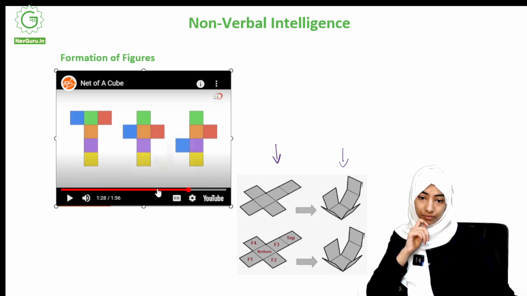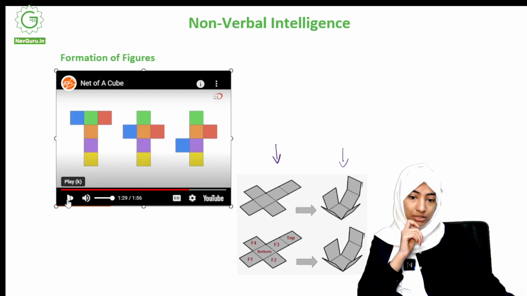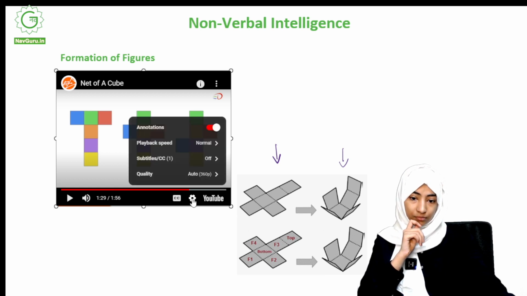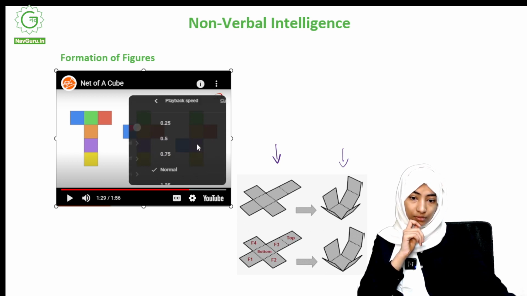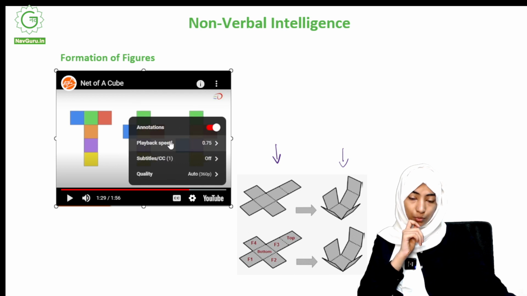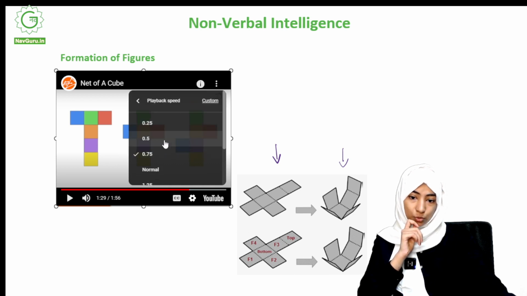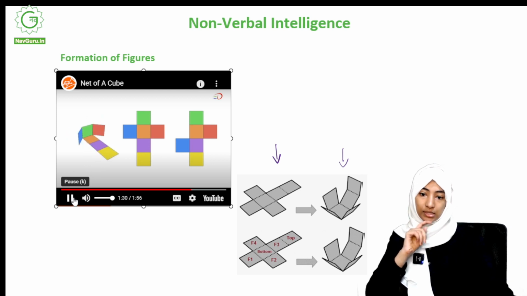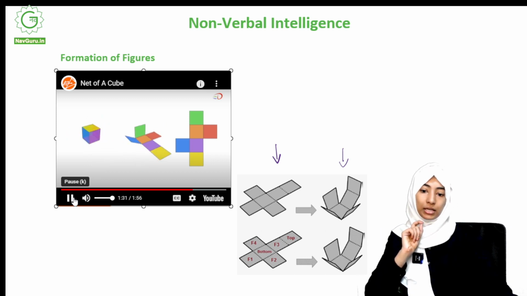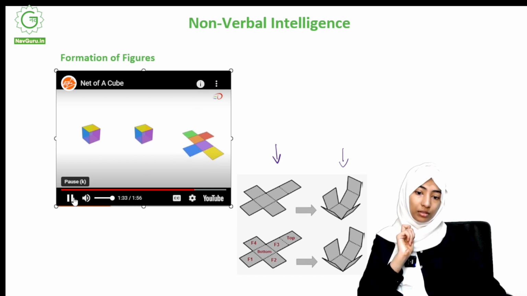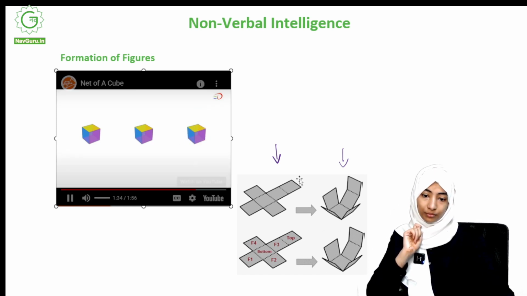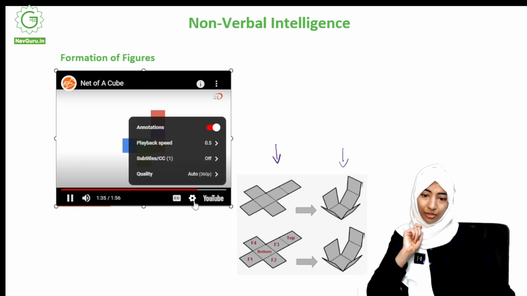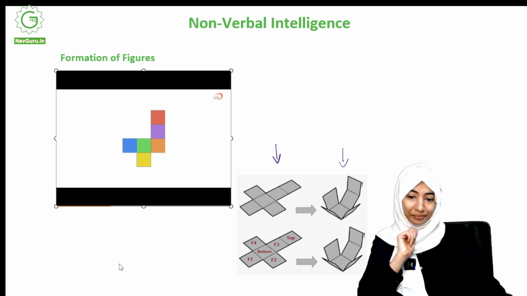Okay, we're going to see different ways. I will play this at a lower speed. Let's do 0.5. So you guys can see it real slow. This is how the first cube is going to be formed, the second cube, the third cube. Is this 0.5? It did not feel like this is 0.5 anyway.